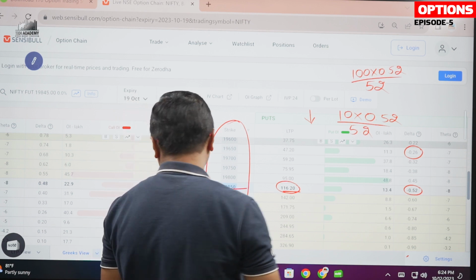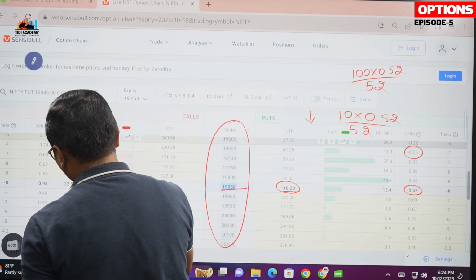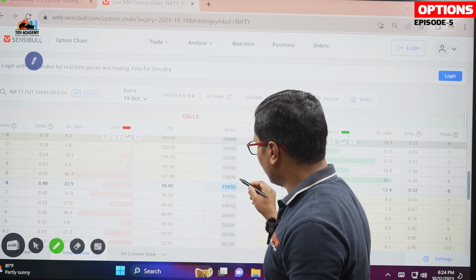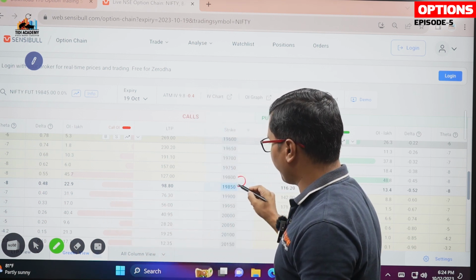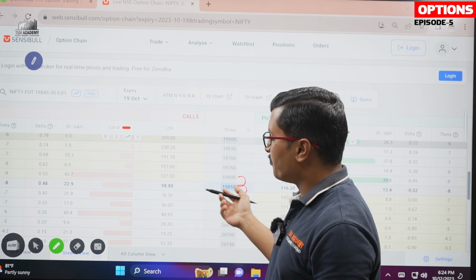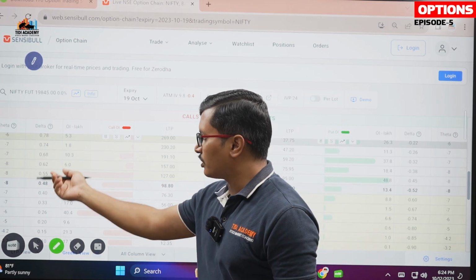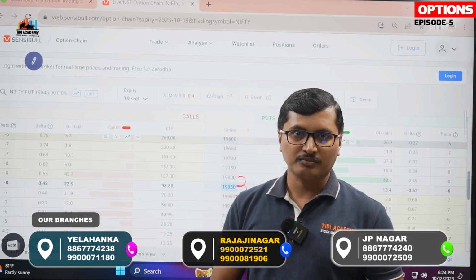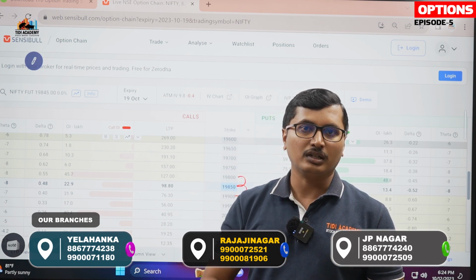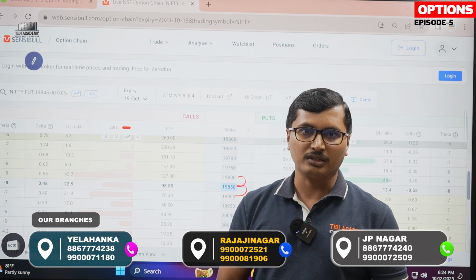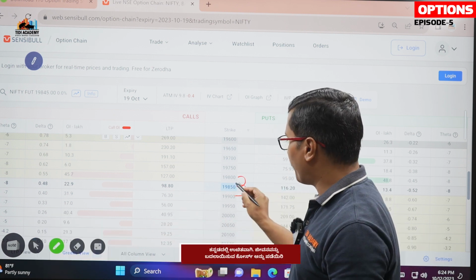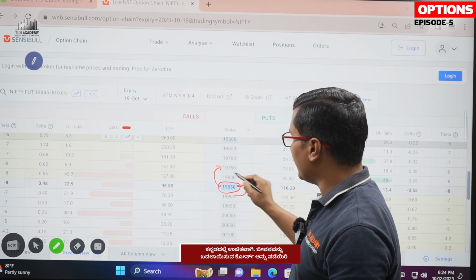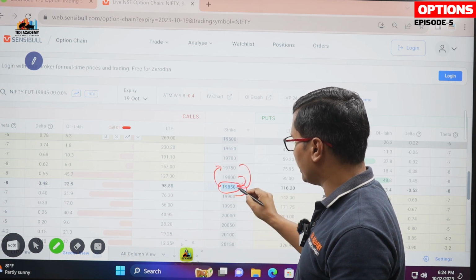Now we will see what is theta. For the buyer, if the market moves from 800 to 850 and 850 to 900, these premiums will increase based on the delta. Now think that the market went sideways, not completely uptrend or downtrend. Think that the market opened at 19,850, went to 19,750, and again came back to 19,850.